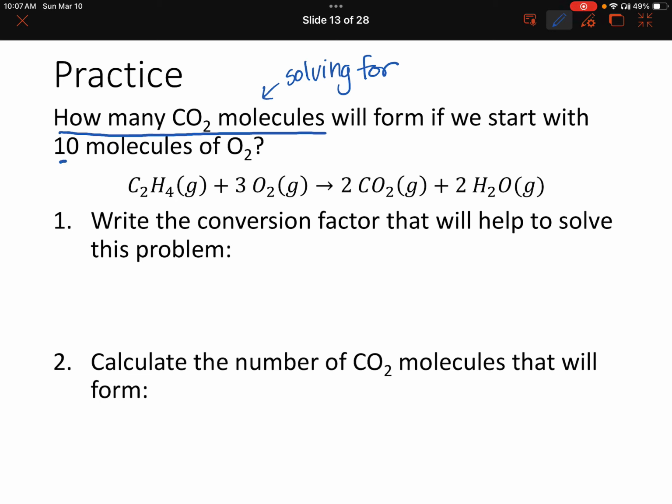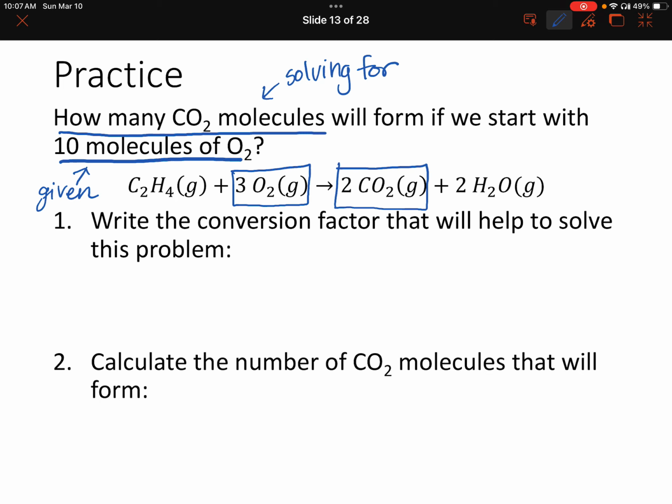And we're given 10 molecules of O2. So all we're interested in is CO2 and oxygen. So we can actually ignore the other molecules in this reaction, and we can just focus on what we're solving for and what we're given, which is CO2 and O2.